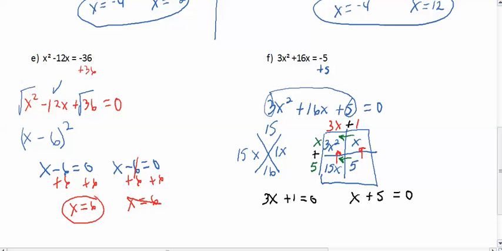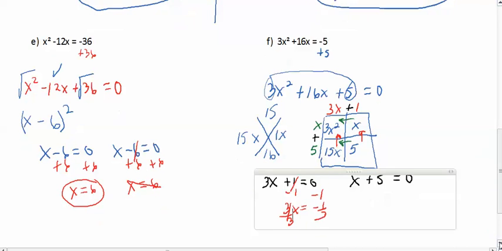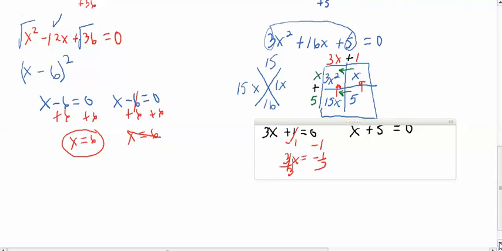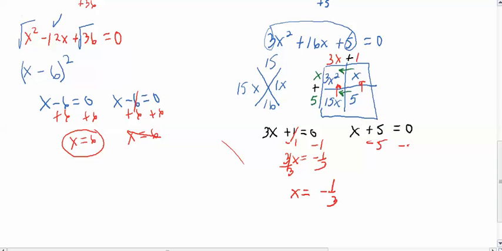Okay, so now, last part. I'm going to subtract 1, subtract 1. So I have 3x is equal to negative 1. Divide by 3, divide by 3. We have our x is equal to negative 1 over 3. And then subtract 5, subtract 5.